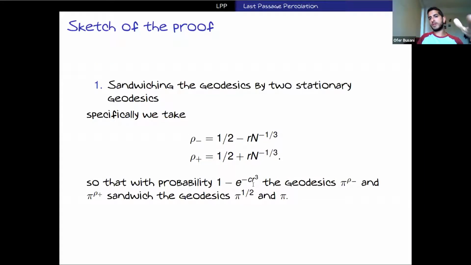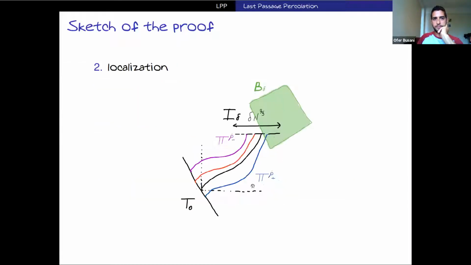This trick is common in many papers. Another thing we need is localization, which basically says that we can find an interval, which we call I delta, the interval here. This interval will be very close to the box B delta.